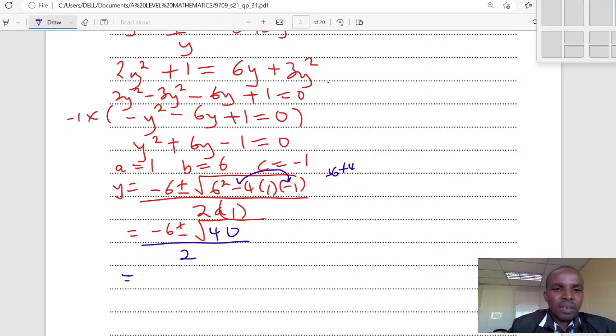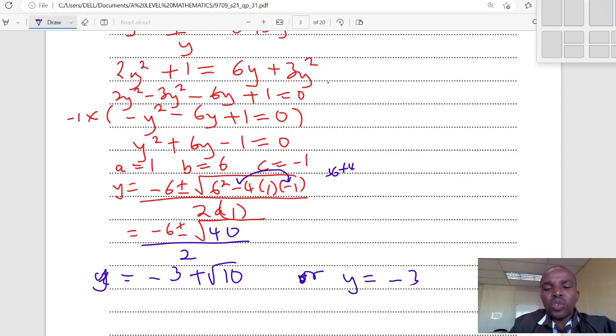Right, the first solution is minus 3 plus root 10, and the other solution is minus 3 minus root 10. This one is y actually. So y equals minus 3 plus root 10, or y equals minus 3 minus root 10, like this.